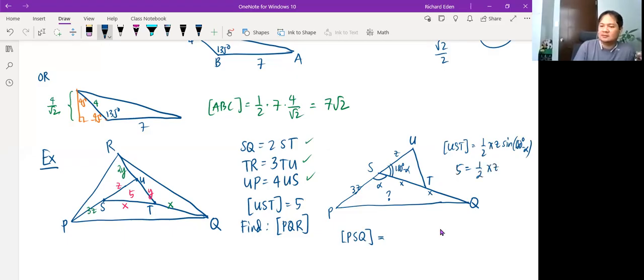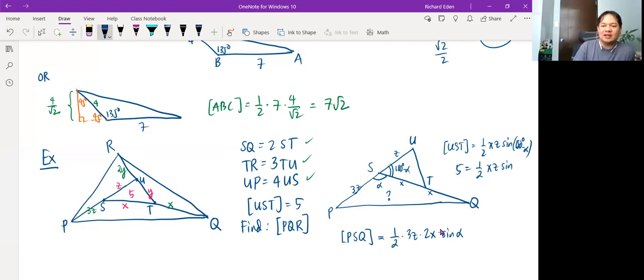Since the dimensions of PSQ are in X and Z, we can find the area of PSQ as one half times 3Z times 2X times the sine of alpha. But we know that 5 is equal to one half times XZ times the sine of 180 degrees minus alpha.